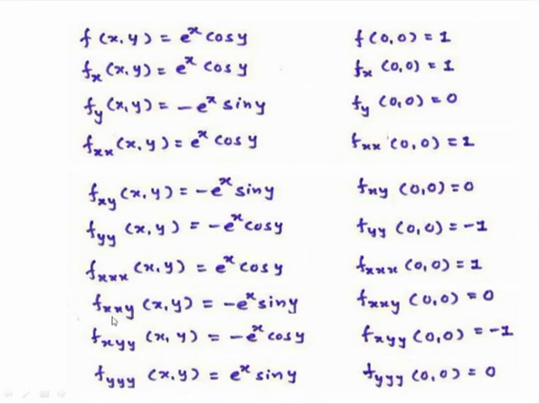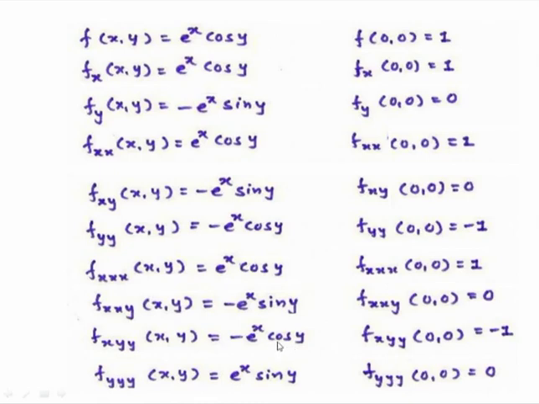Now fxxy, so 2 times partial derivative of e raised to x is e raised to x, and 1 time partial derivative of cos y is minus sin y. So due to this minus sin y, this minus is written, so e raised to x into minus sin y. fxxy at (0,0) is 0. Now fxyy, so 1 time derivative of e raised to x with respect to x, and 2 times derivative of cos y with respect to y.